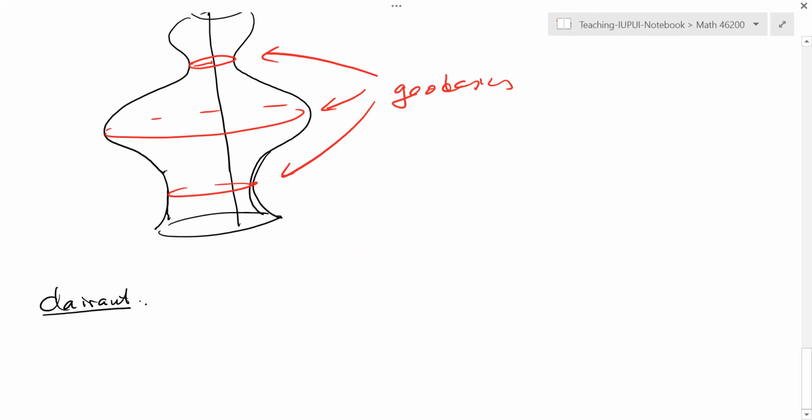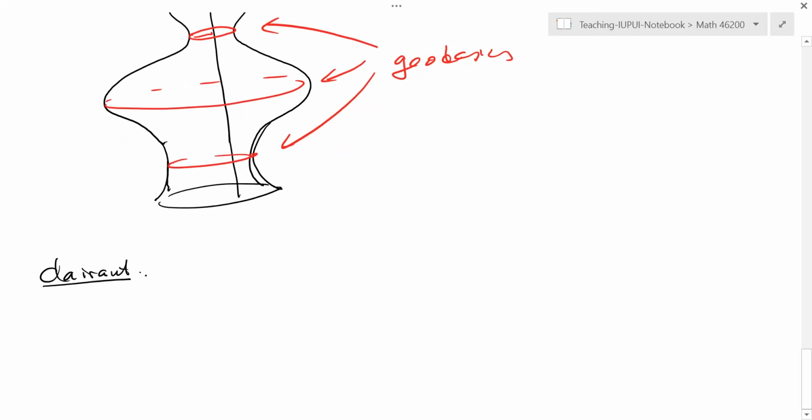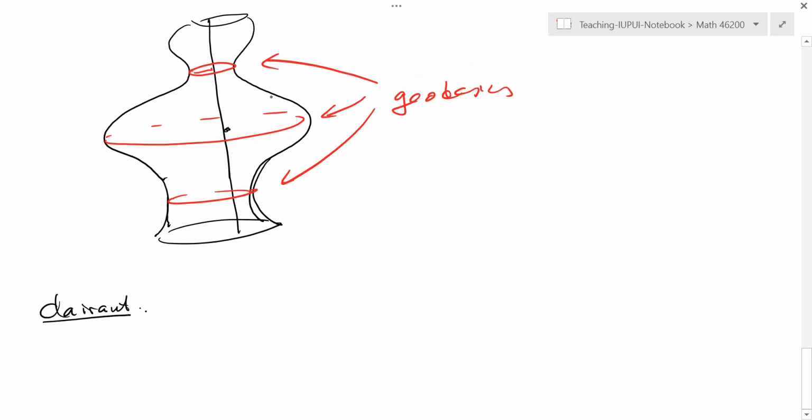He claimed that if this is a unit speed curve on the surface, and if it's a geodesic, then this must be constant. So that's my picture here. This is a curve, gamma, and I'm going to talk about whether this curve is a geodesic. This is a meridian.